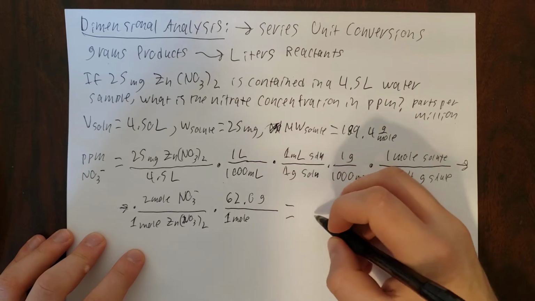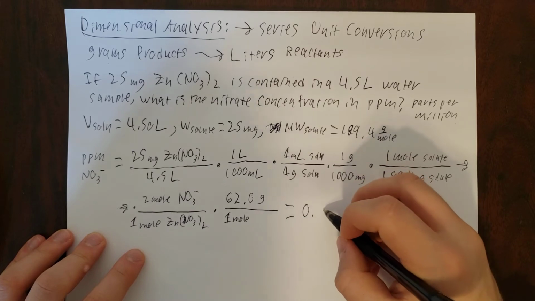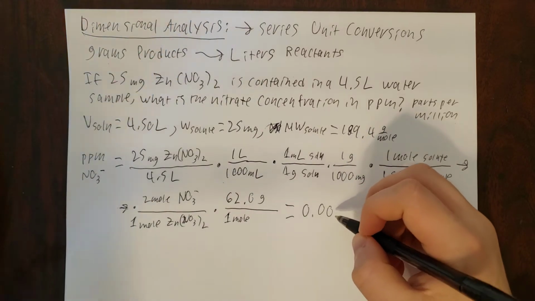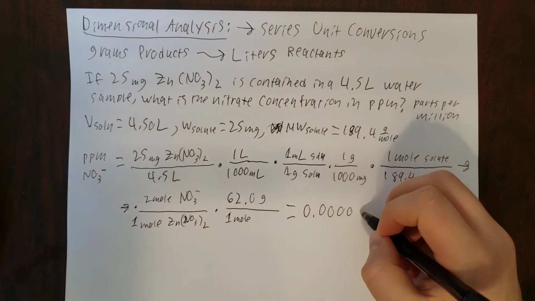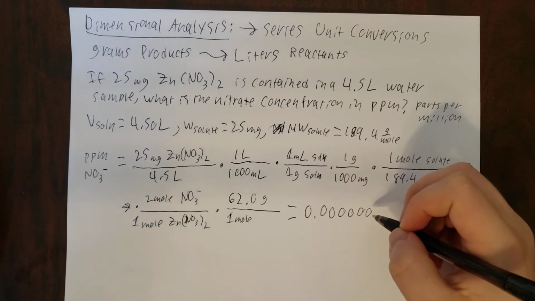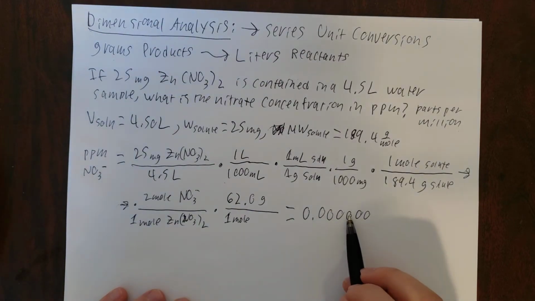And then this all comes out to a very small amount. We get 0.0000000. Let me just double check the amount of zeros. 1, 2, 3, 4, 5. 1, 2, 3, 4, 5.